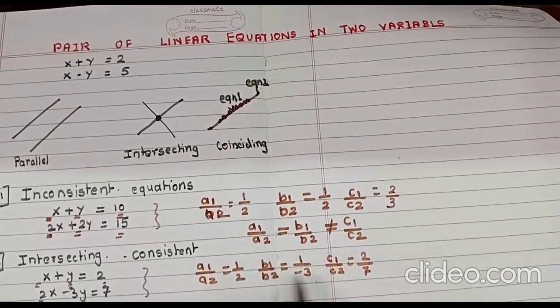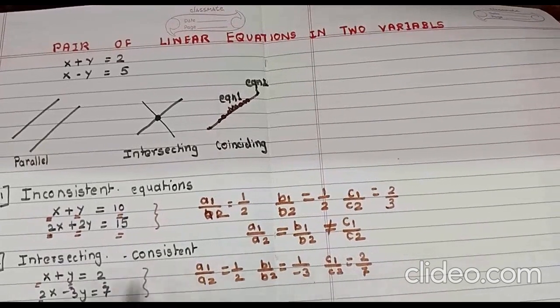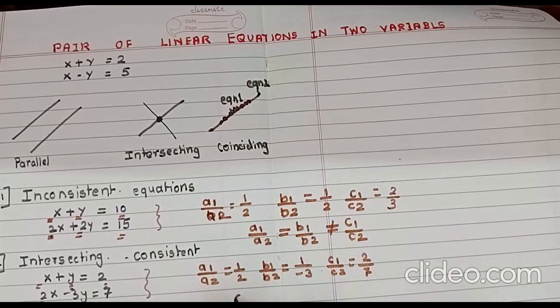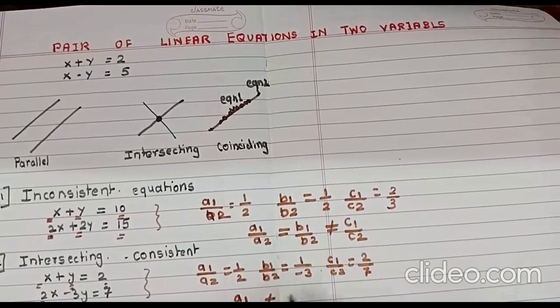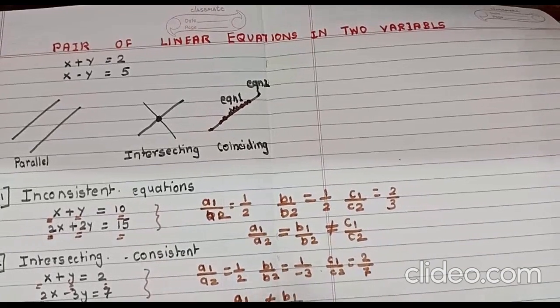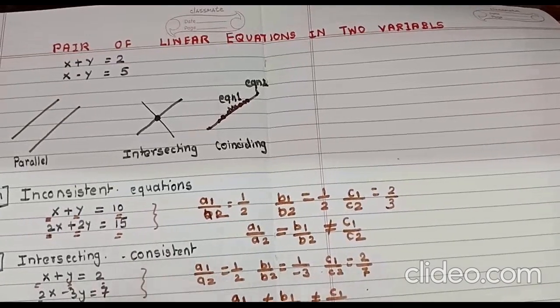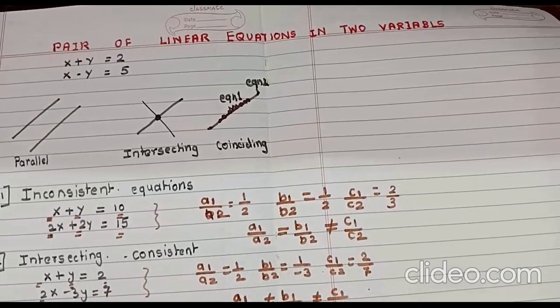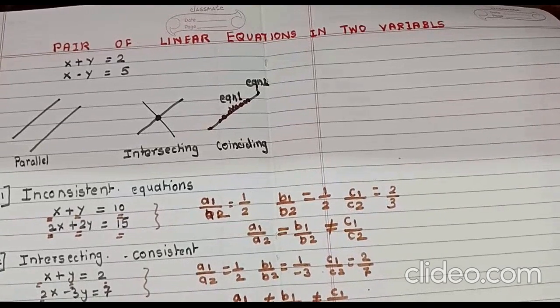What can you observe? All the three ratios are not equal. So a1 upon a2 is not equal to b1 upon b2, not equal to c1 upon c2. These are consistent.